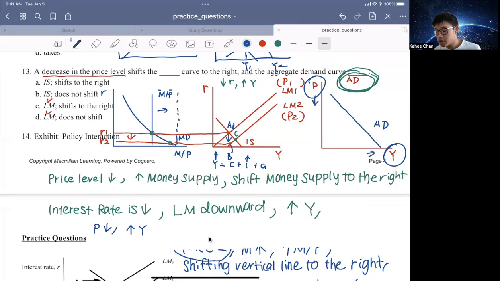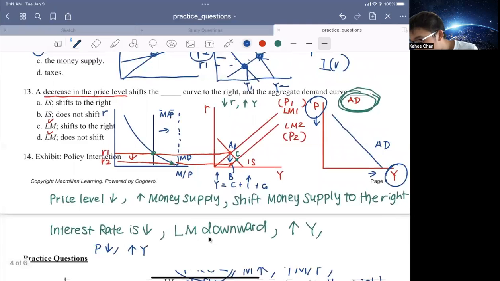So back to the question, it says a decrease in price level shifts the LM curve to the right. Because when we see the LM curve going downward, we are actually saying that the LM curve is also shifting to the right. So both of them are valid. So the LM curve is also shifting to the right.